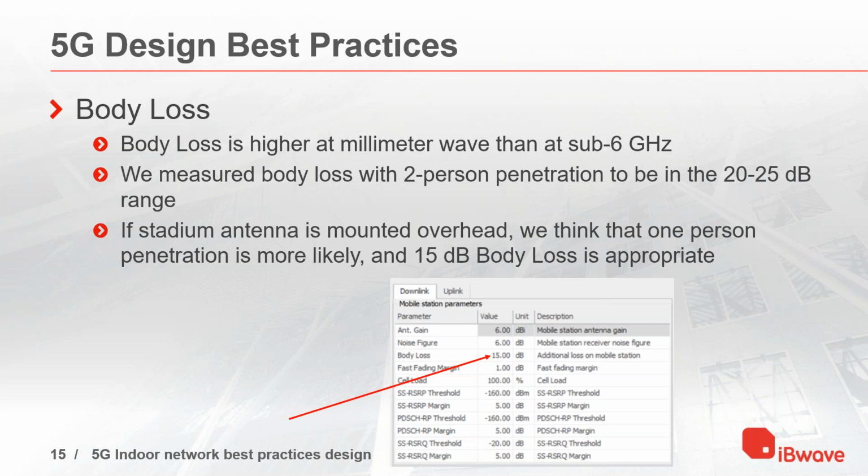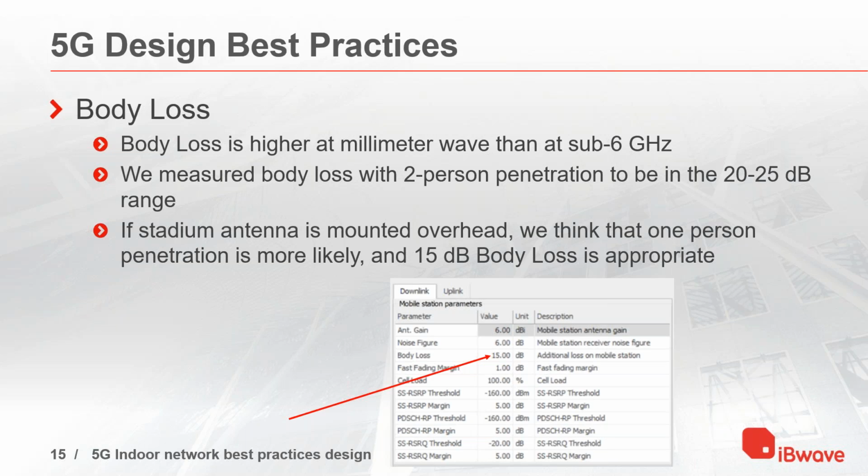That means there is a possibility that, at some point in time, you may have a signal that does not go through your body. What do I mean by that? If everybody is standing up and the game is really exciting, then yes, you will have 15 dB all the time.